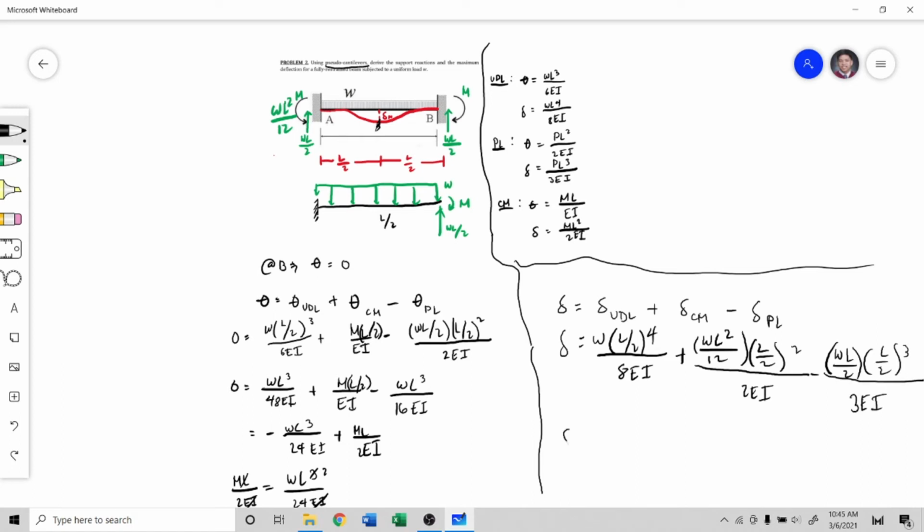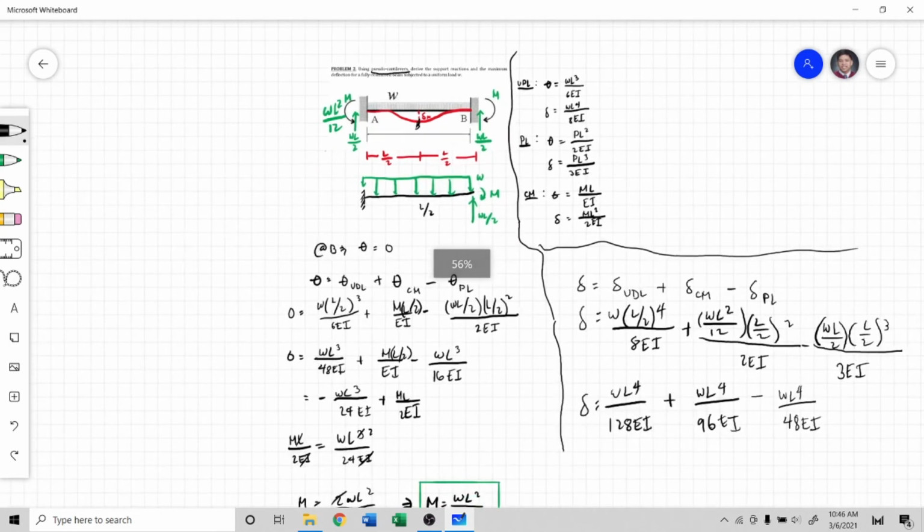No, so simplifying, this is delta equals omega L to the fourth over 128 EI plus omega L to the fourth over 96 EI minus omega L to the fourth over 48 EI.